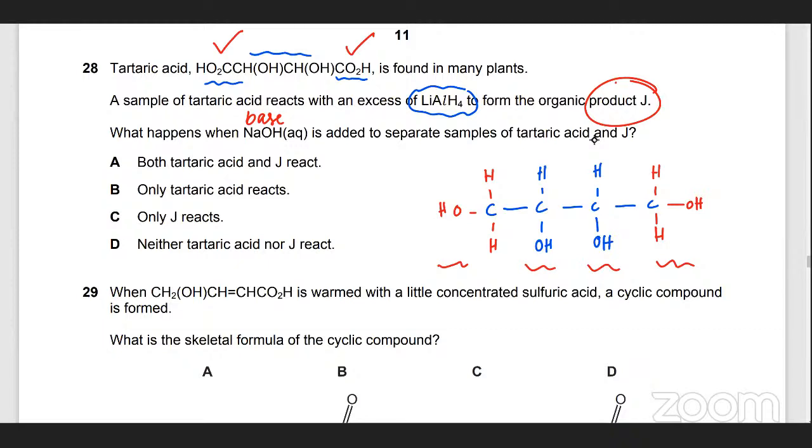So no reactions with NaOH. So only tartaric acid is going to react. So B is the answer. This is not going to react. You can remember alcohols are not really acidic. They only undergo one reaction. They're very, very weakly acidic. They're such bad acids that they ionize even less than water.